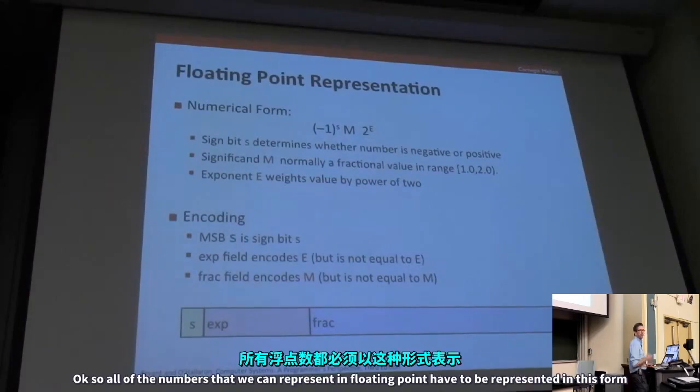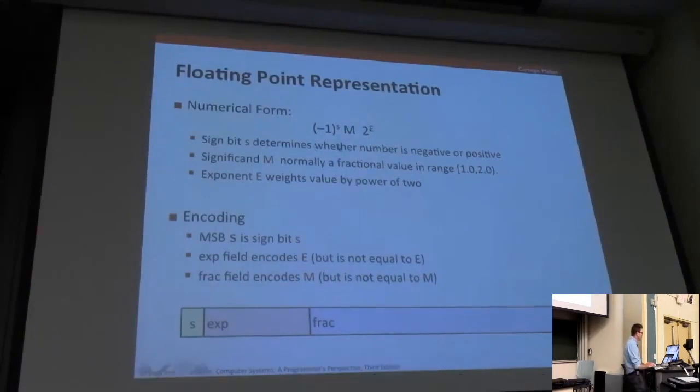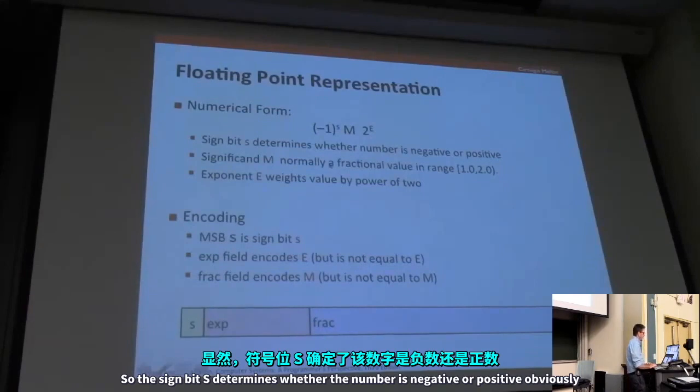All of the numbers that we can represent in floating point have to be represented in this form. The sign bit s determines whether the number is negative or positive, obviously.